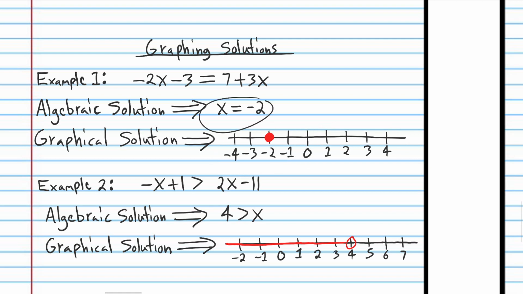And x is -2, so you just put a big old dot on -2, and that's it. It's that easy. So that's why you're not really typically asked to graph equations, because it's kind of a waste of time. It's not really teaching you much.